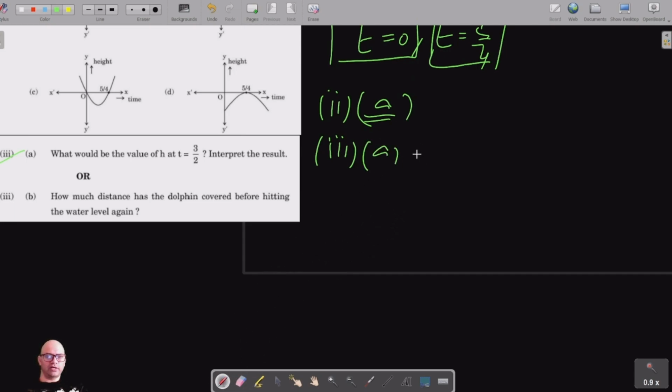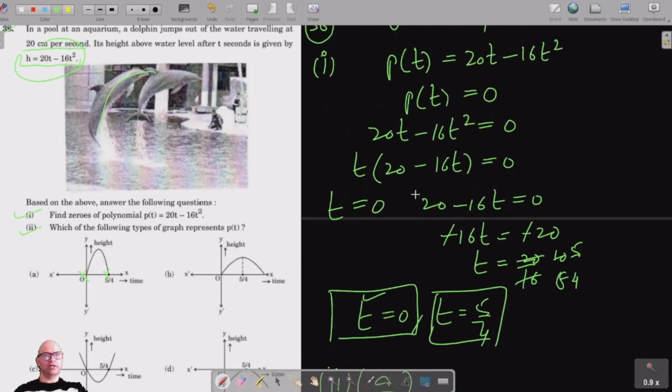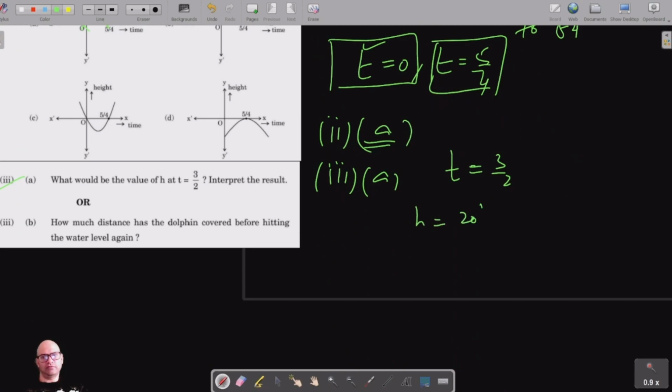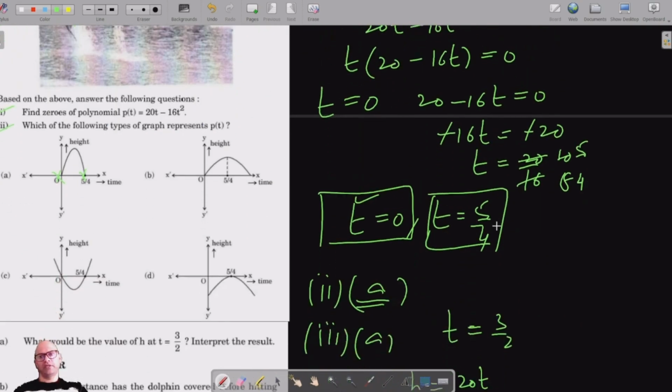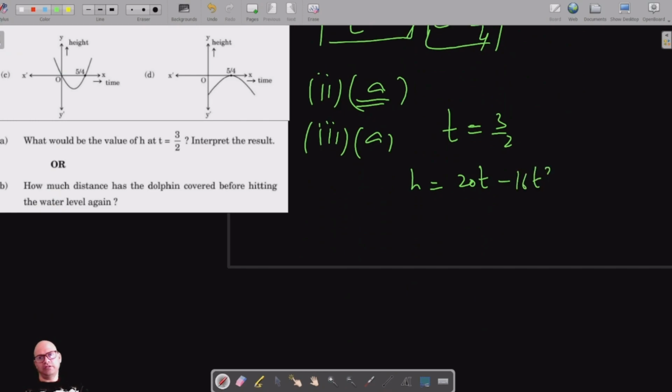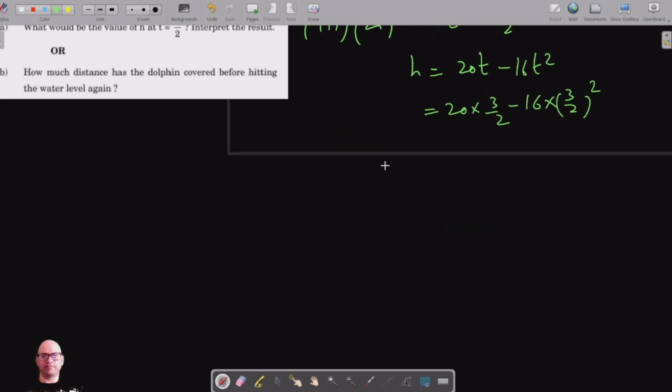For third part A, we have to find out the value of h when time is equal to 3 by 2, and h is equal to 20t minus 16t square, which gives us 20 into 3 by 2 minus 16 into 3 by 2 the whole square, which is 30 minus 16 into 9 by 4, and 30 minus 36 is equal to minus 6 centimeter.